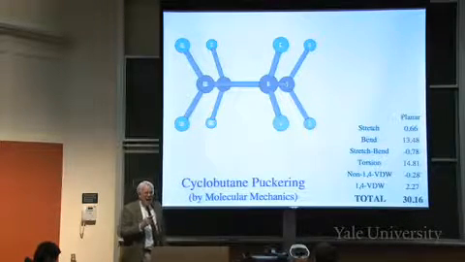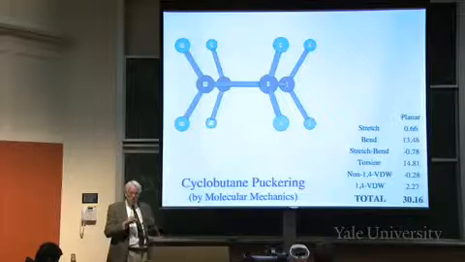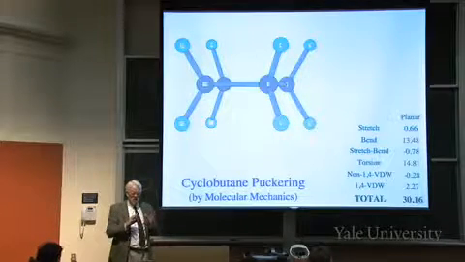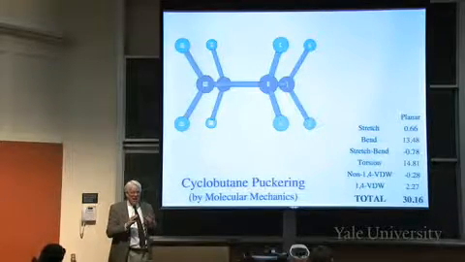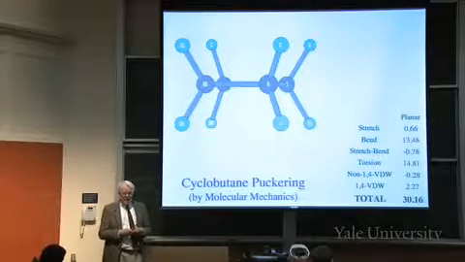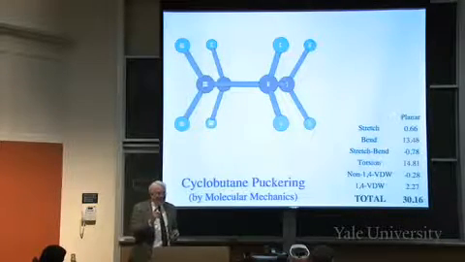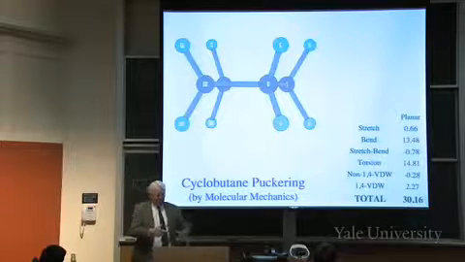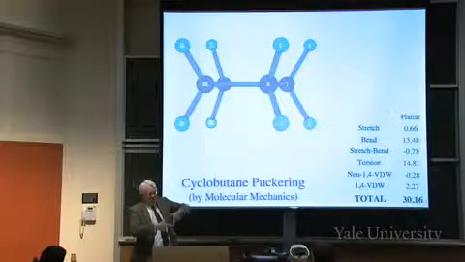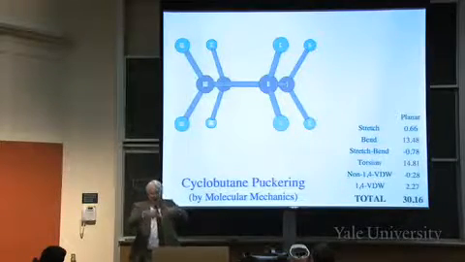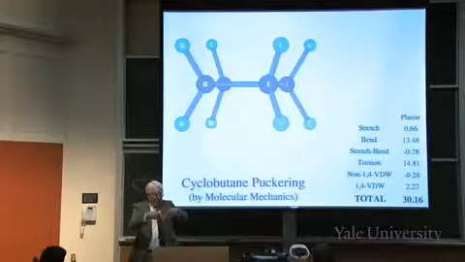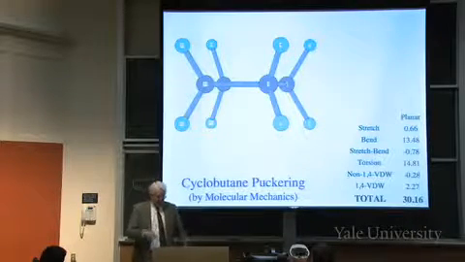Yeah, if you make it not exactly eclipsed, if you make it a little bit toward staggered by twisting about the bonds, that'll lower that 15 kilocalories per mole. But can you see what happens if you begin to twist around the bonds? It sharpens the angles even more, from 90 degrees to smaller than 90 degrees.